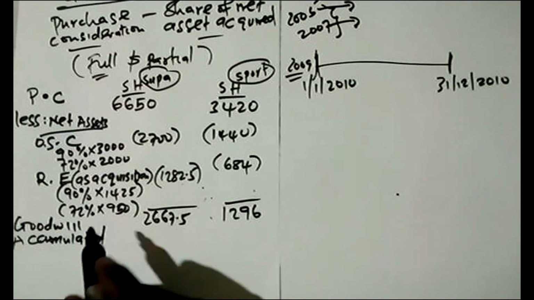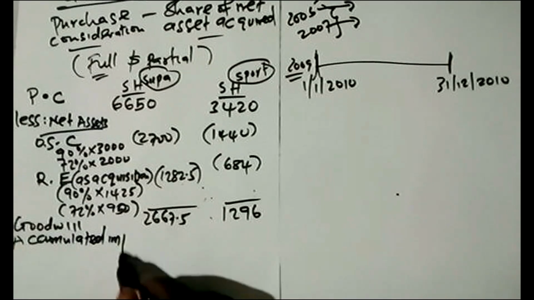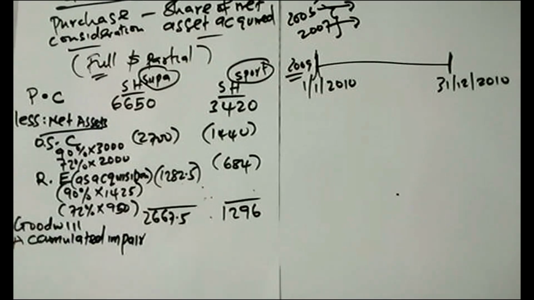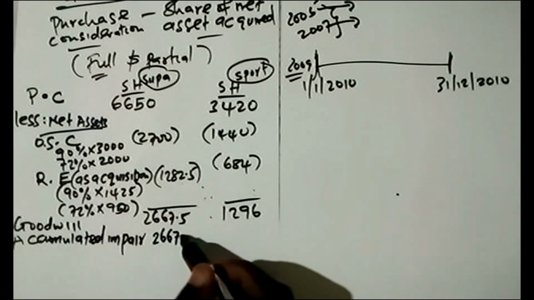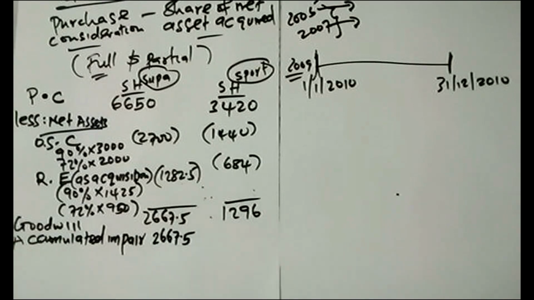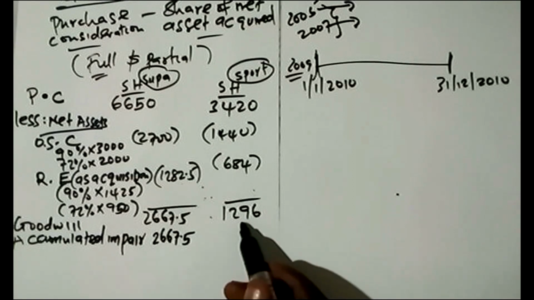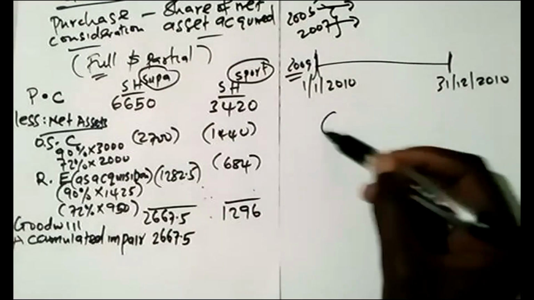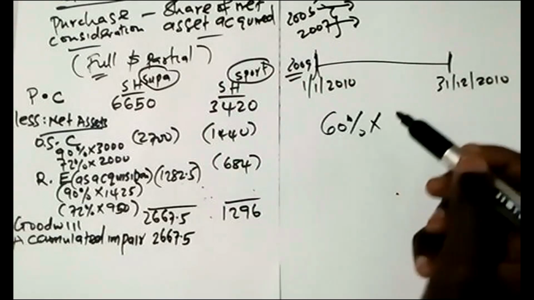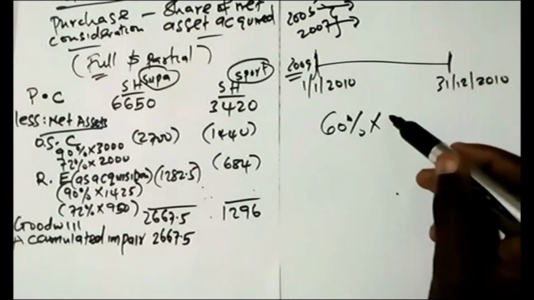So that is accumulated impairment, which means that the entire 2,667 has been impaired. Then 60% of Spot's goodwill is also accumulated impairment because that is by 2009.